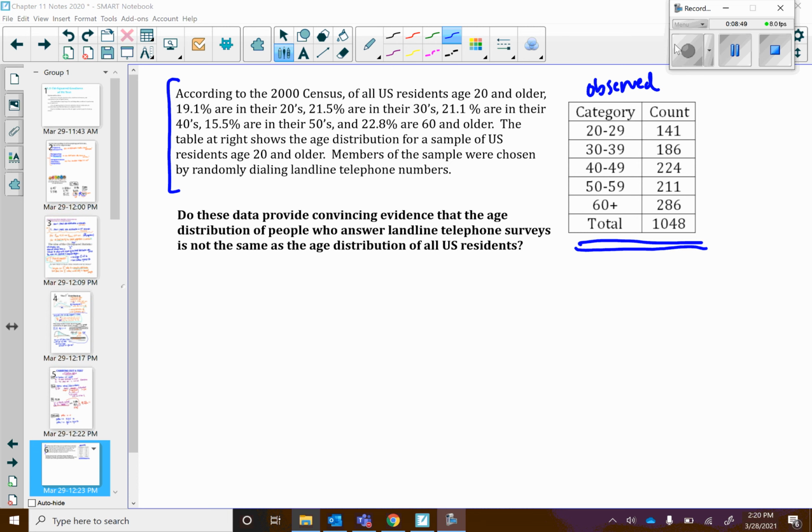Well, of course, we're going to start with our state. We would like to test the following hypotheses.